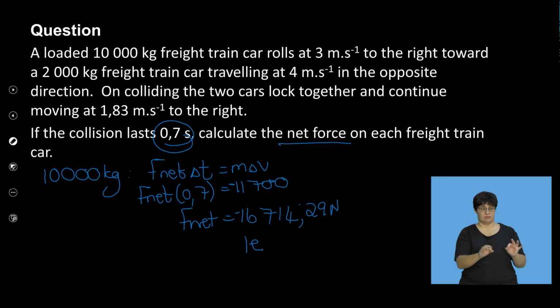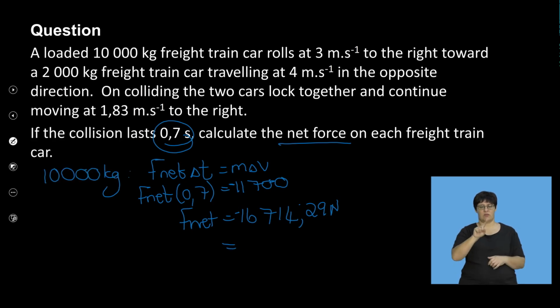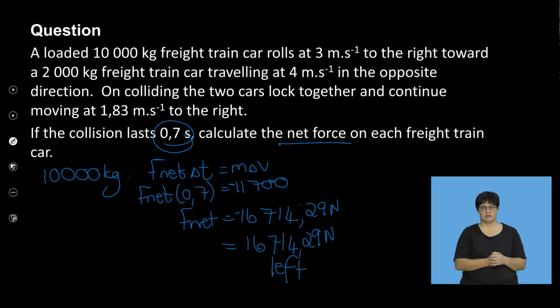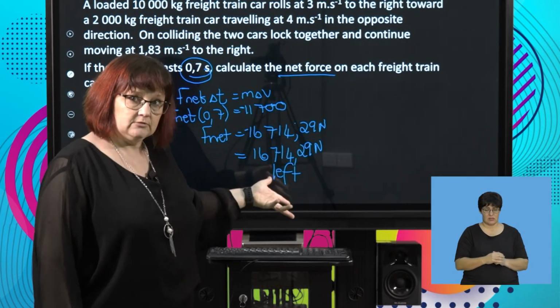So let's just write this properly. 16,714.29 newtons left, because it's against it. So I use the 10,000 kilogram truck. I get 16,714.29. So what should happen is the 2,000 kilogram truck should feel the same force.